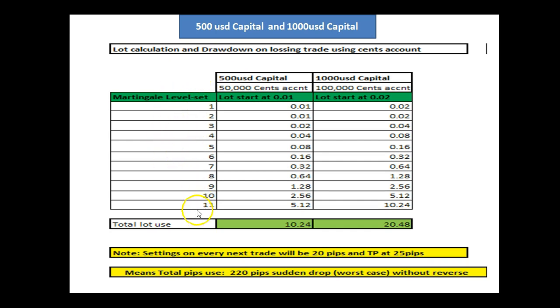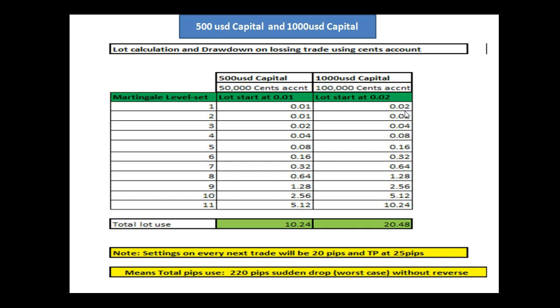Martingale is under 11 level, and the starting lot size here we are still using 0.01, and here we are using 0.02 for 1,000 US dollar, equivalent to a 100,000 cents account. So if you are using 1,000, we increase the starting lot size.